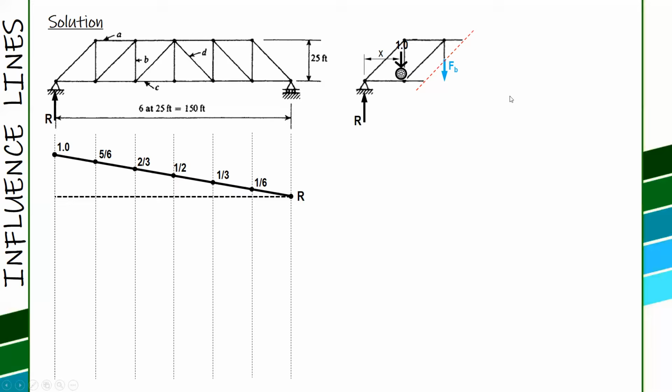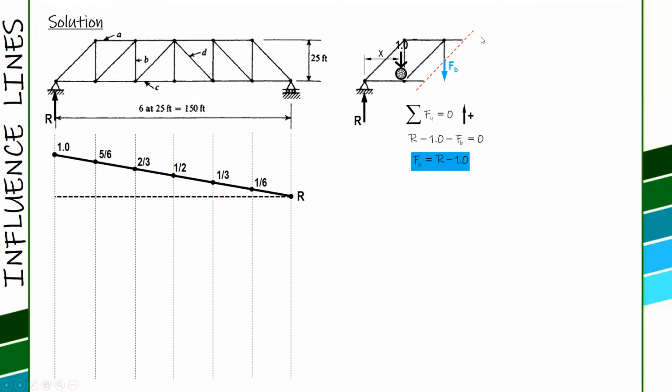as to which expression we will use. So, summation of force in y. Any expression is valid only when the unit load is up to this point. The unit load beyond here is no longer seen.